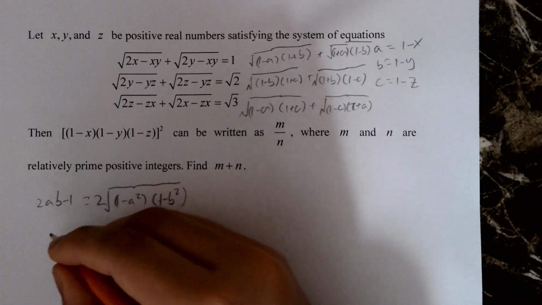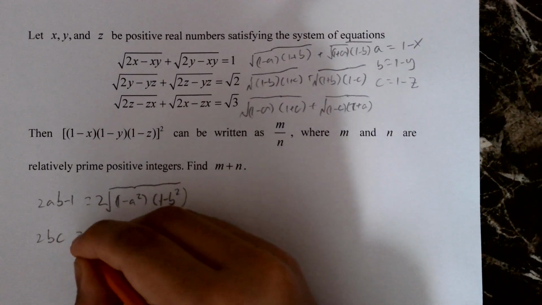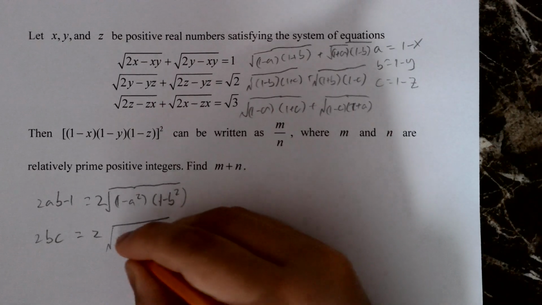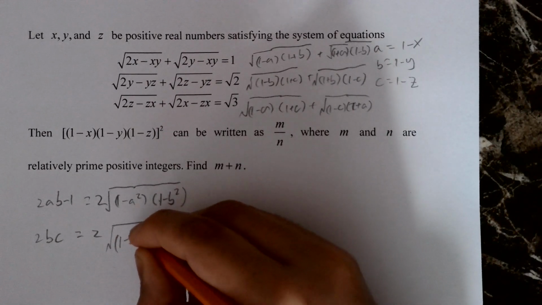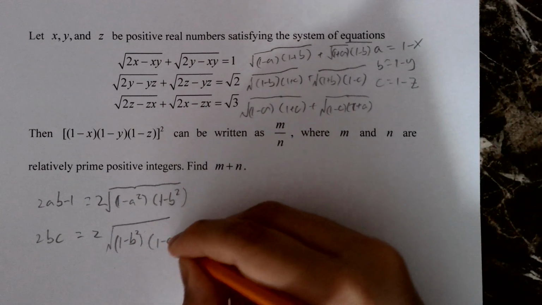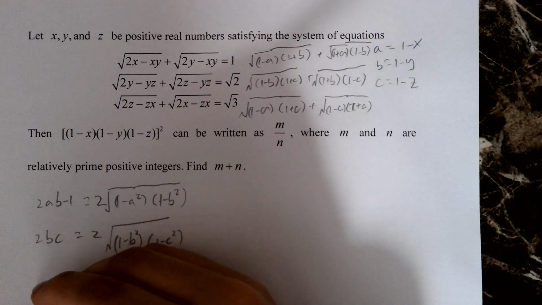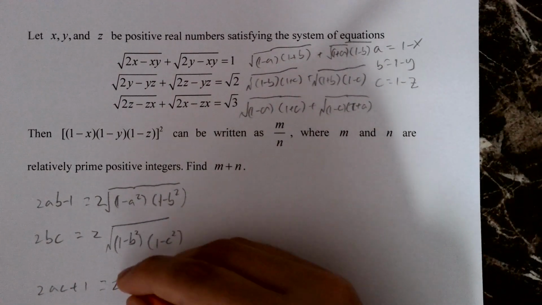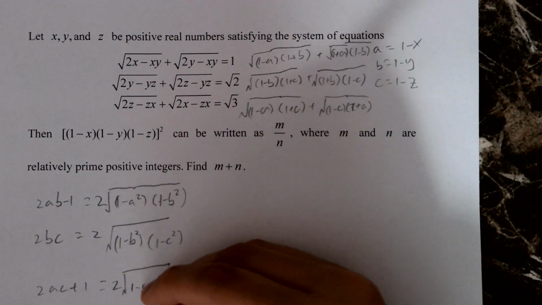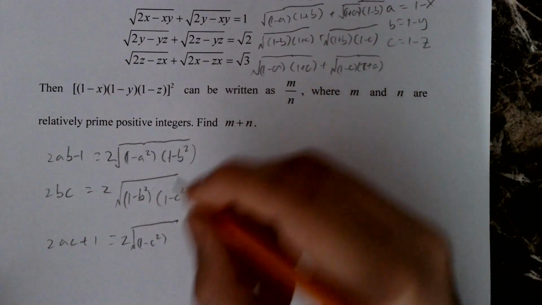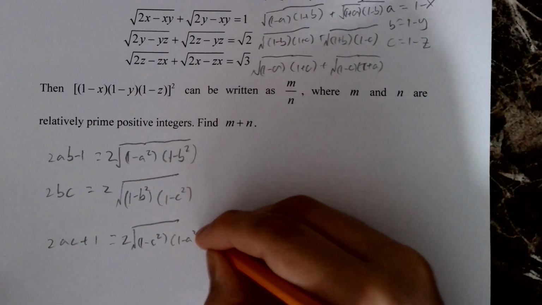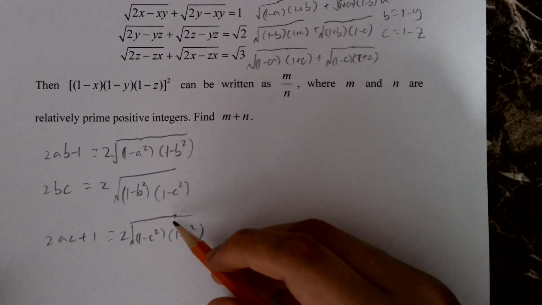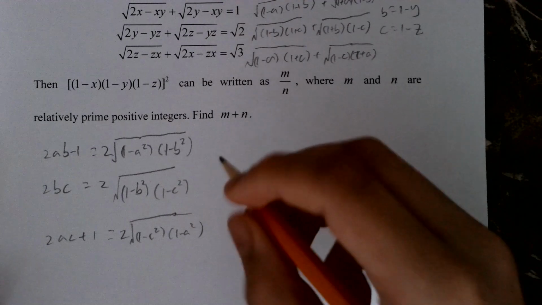So 2bc equals 2 square root of (1 minus b squared)(1 minus c squared), and same thing for the last one: 2ac plus 1 equals 2 square root of (1 minus c squared)(1 minus a squared). Now obviously we still have a square root here, which is kind of annoying, so we're going to be squaring it a second time.